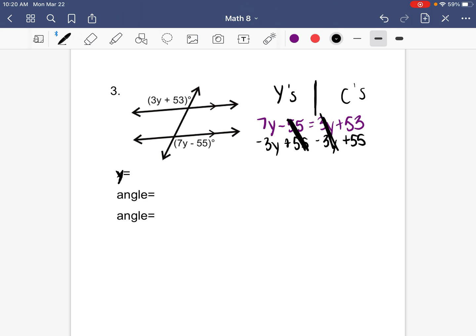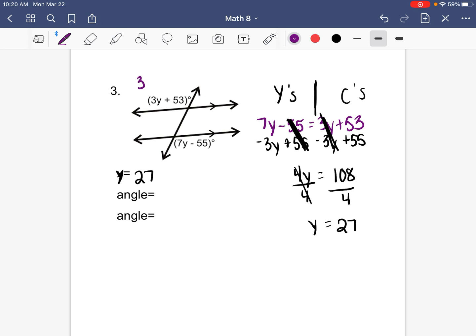Then we do 7y minus 3y, which is 4y, and 53 plus 55, which is 108, and then divide by 4 to get my y. And we get 27. So my y value is 27. At this point, we need to take 27 and plug it in for one of the angles.